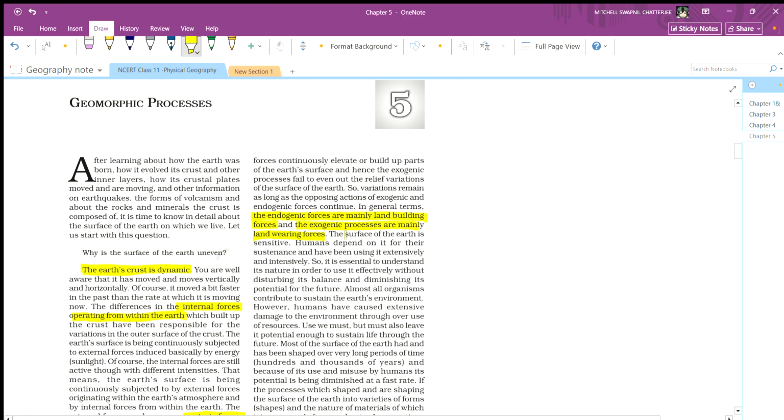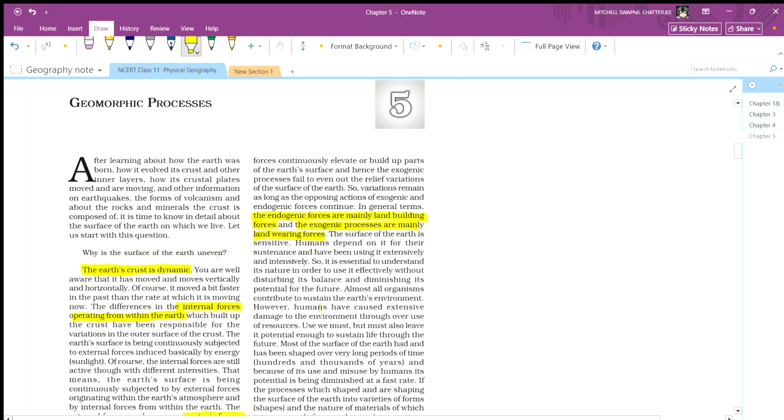The surface of Earth is sensitive. Humans depend on it for their sustenance and have been using it extensively and intensively. So it is essential to understand its nature in order to use it effectively without disturbing its balance and diminishing its potential for the future. Almost all organisms contribute to sustaining the Earth's environment.